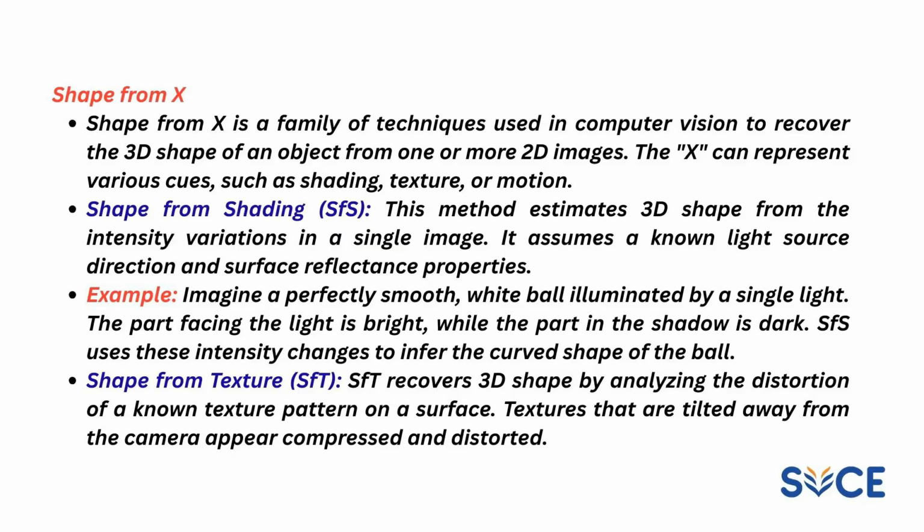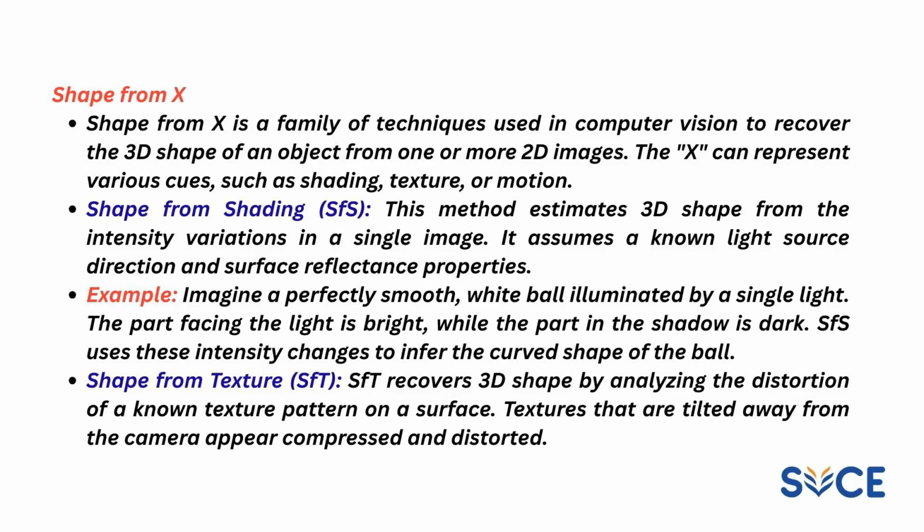One of the classic methods is shape from shading, which we call SFS. This technique works by studying how light falls on a surface. For instance, imagine a smooth white ball lit by a lamp. The side facing the light appears bright, while the side in shadow appears darker.